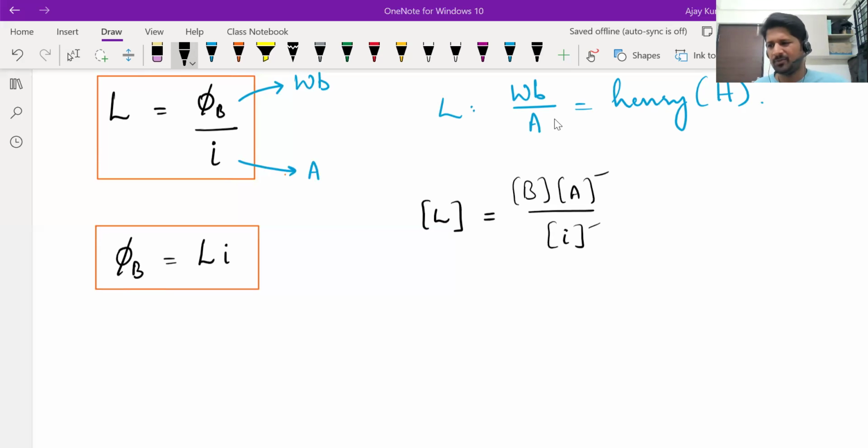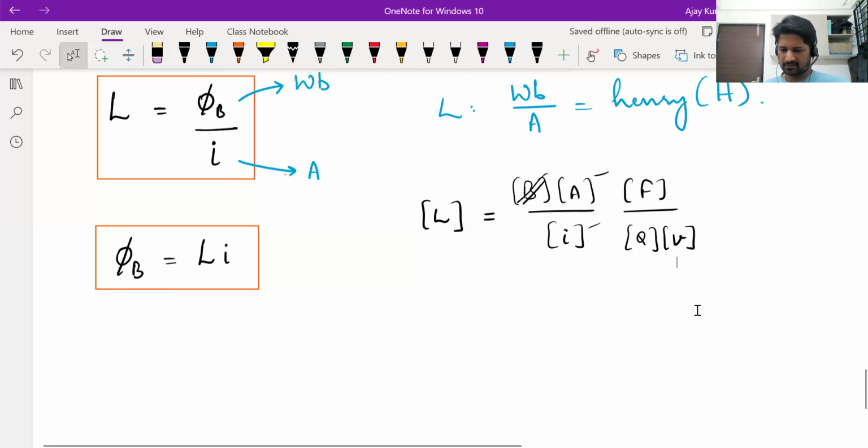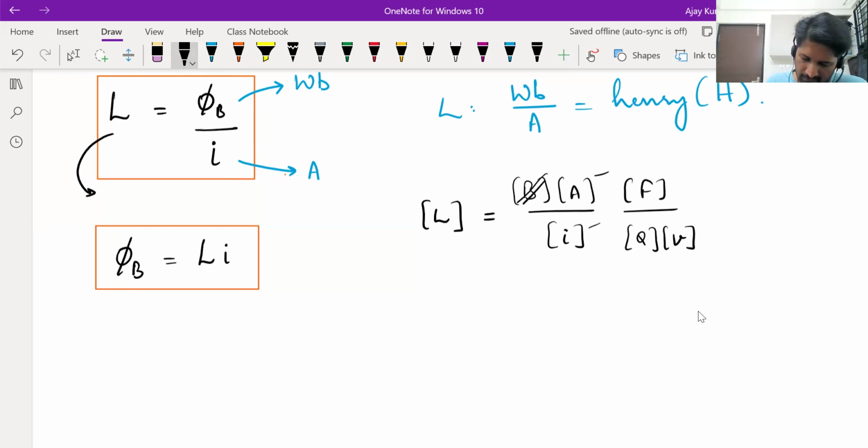Otherwise, I prefer to use F is equal to QVB. Then B becomes F divided by QV. So in place of magnetic field, you can write force divided by charge and speed. That way you can get the dimensions of self-inductance. Fine. So L here is called the self-inductance of a coil.